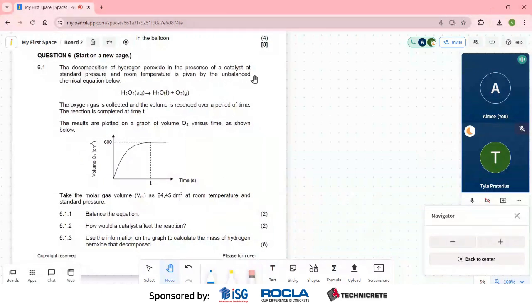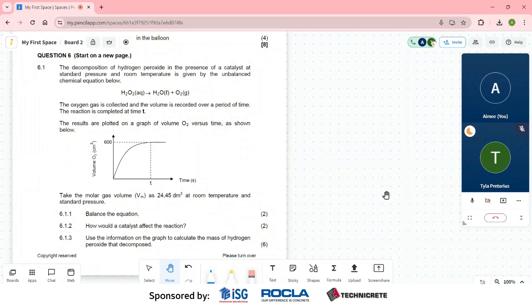So remember, unbalanced means you have to balance it. In matric, they're never going to tell you that it's not balanced. They don't like you that much in matric. They want you to suffer more. So they'll never tell you that it's unbalanced. You always need to check. That is step 1 of every single question that you write.